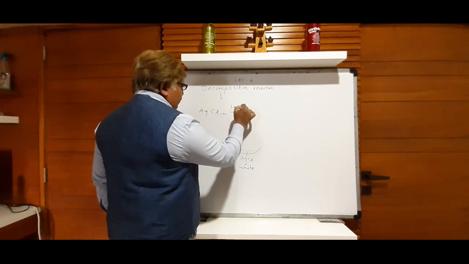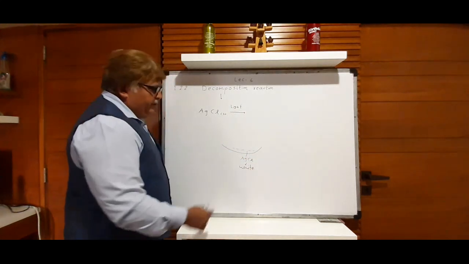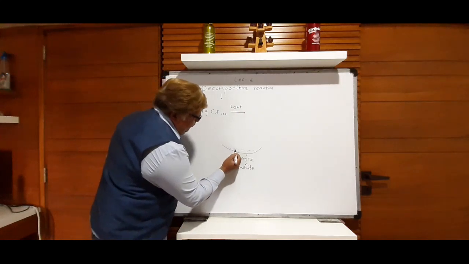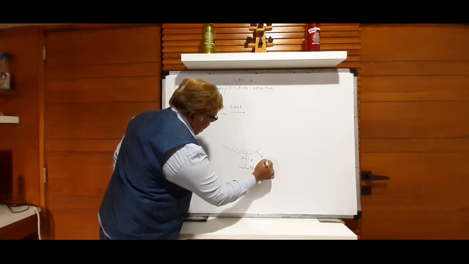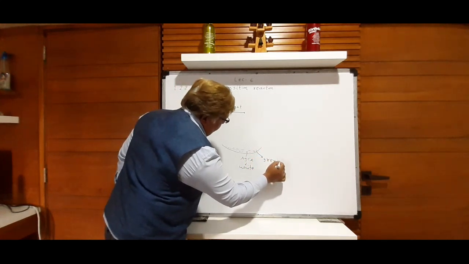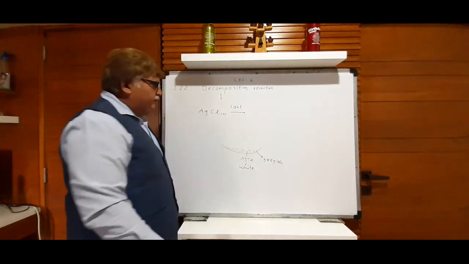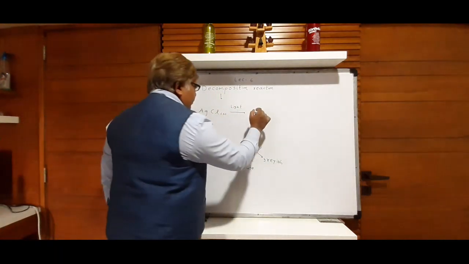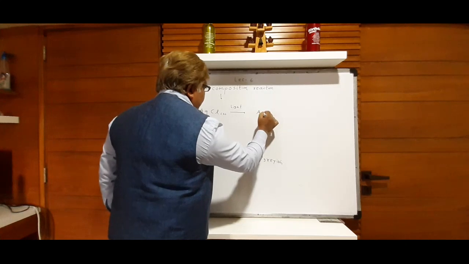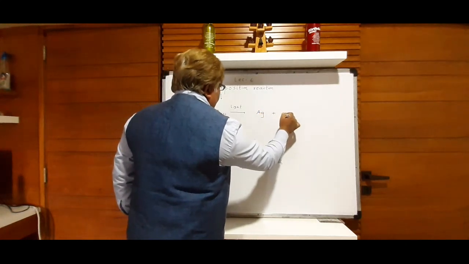Within a short period of time, what you will observe, this white silver chloride turns grayish. Why does it happen? Because when light is incident on silver chloride, it decomposes into silver and chlorine.